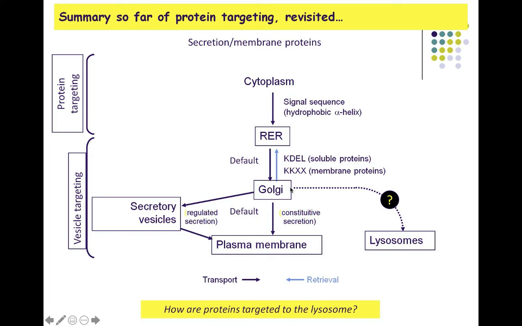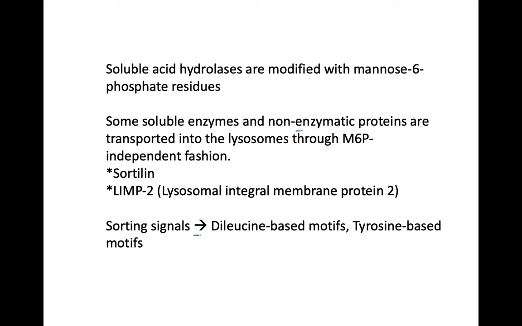Now, from the Golgi, we know that the lysosomal vesicles are produced. How are proteins targeted to the lysosome? We have a few things that we can always go back to whenever we study how proteins are targeted to the lysosomal space.